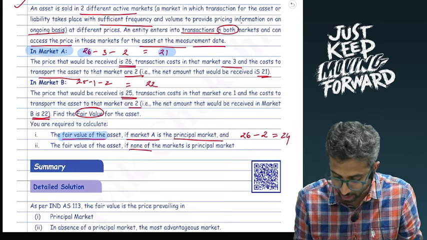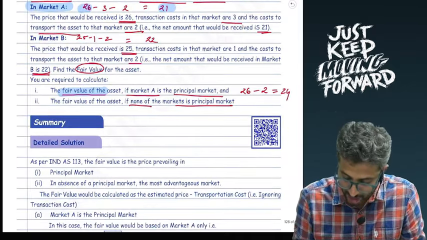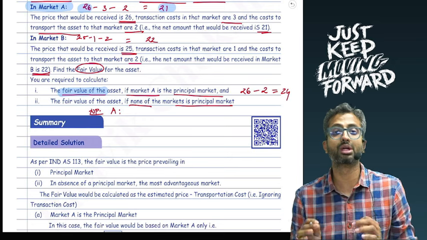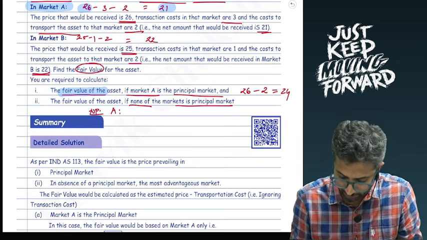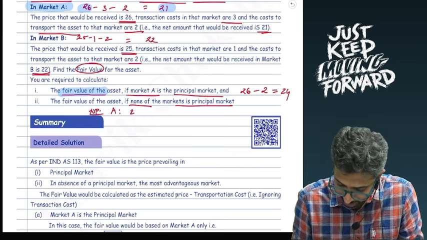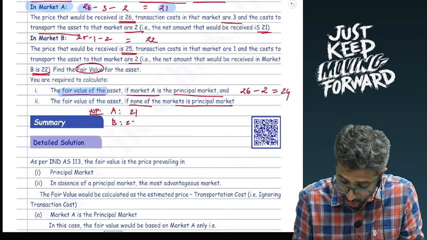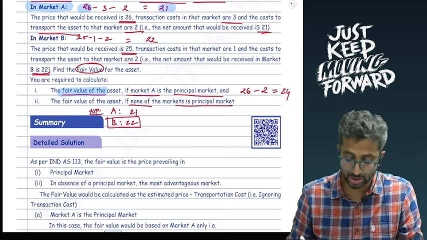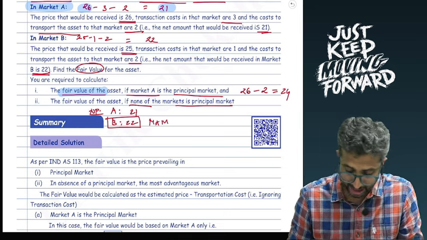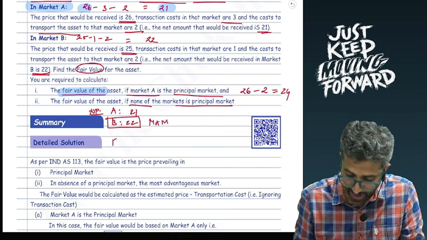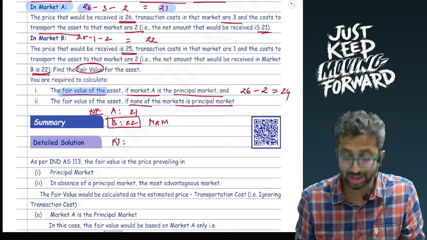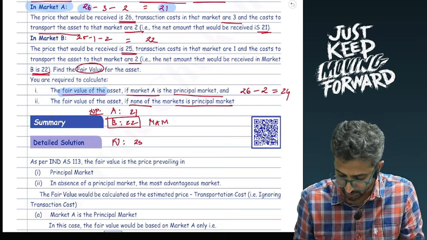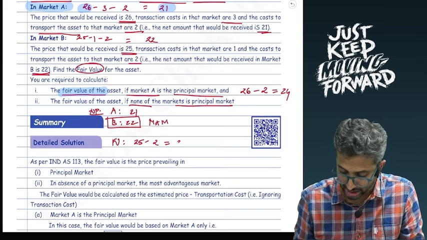Fair value if none of the markets is principal, in which case you will look at the net proceeds after deducting both transportation and transaction cost in market A. Let us say the net proceeds of A are 21, the net proceeds of B are 22, and hence B seems to be the most advantageous market, and hence the fair value would be the price of the product in B, that is the most advantageous market, which is going to be 25 minus 2, that is equal to 23.